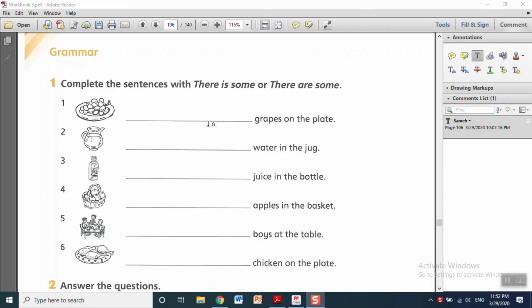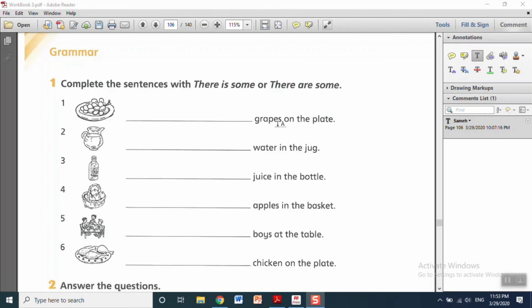Okay, let's look at the first sentence here. What can you see? Yes, plate and some grapes. So we write here there's some or there are some grapes on the plate. Look at this word, grapes. Is it singular or plural?